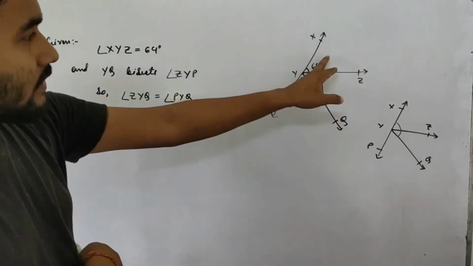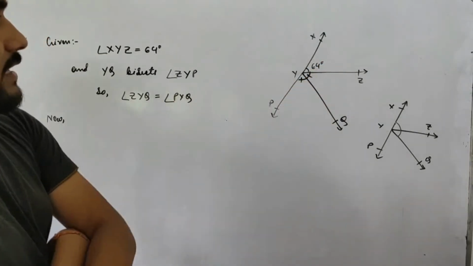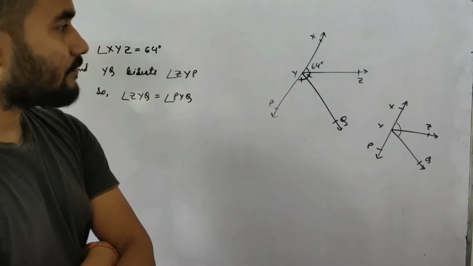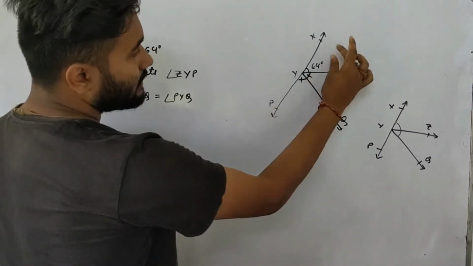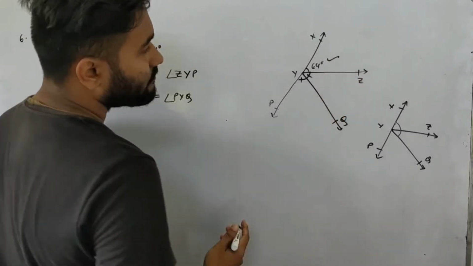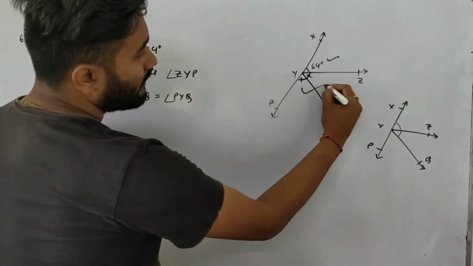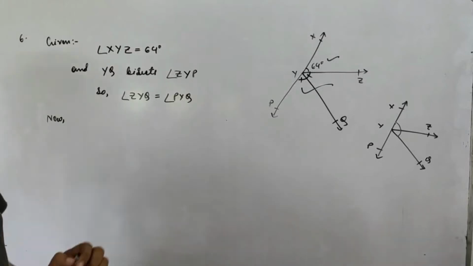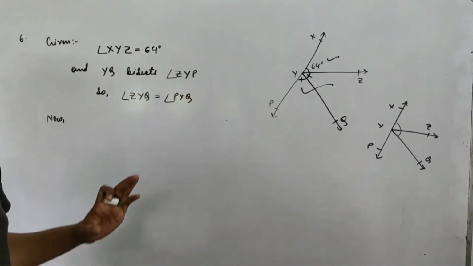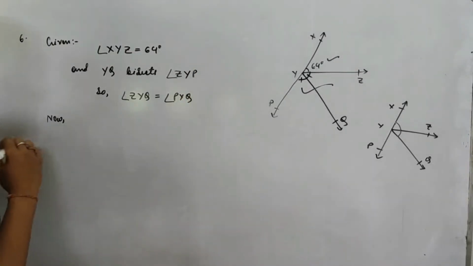So I can say this angle plus this angle is what? 180 degree. See, I am saying the complete angle. This angle XYZ, this angle and the complete angle, if I add, how much will come? 180 degree. Why? Linear pair, right?